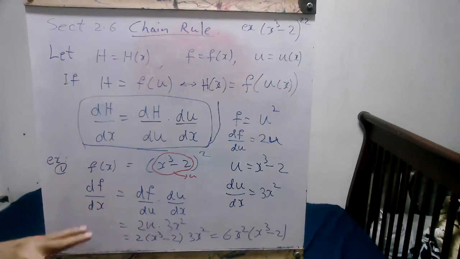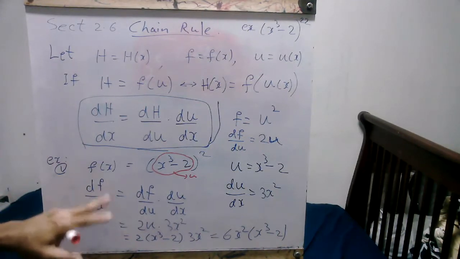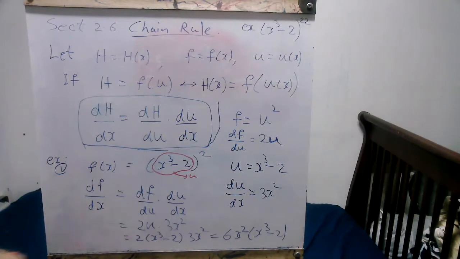Now, if you learn this first time, you may think this is hard. Now, if you distribute, you will get the same answer that we got before. You see, this is 6x to the power 2 times, when you multiply this and this, x to the power 5 minus 12x square.